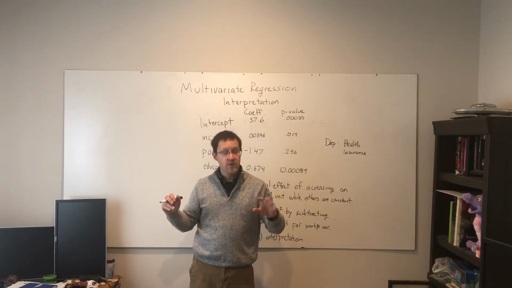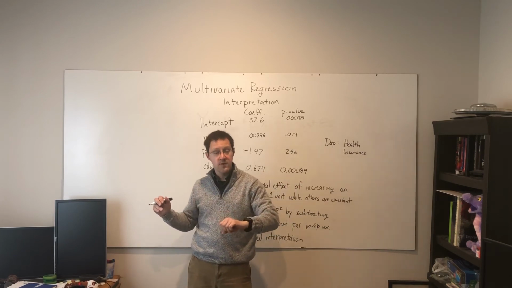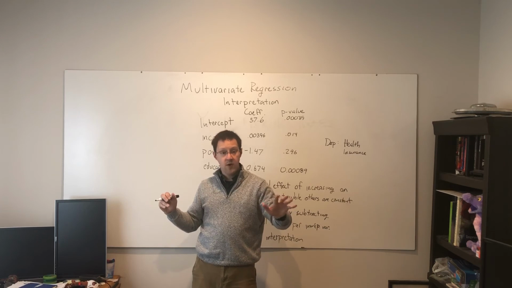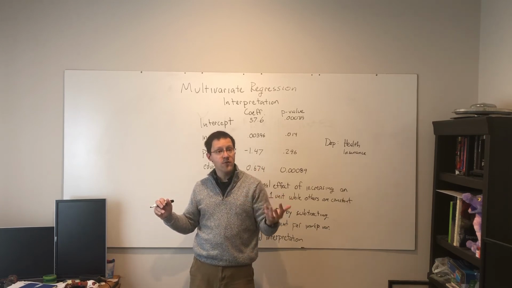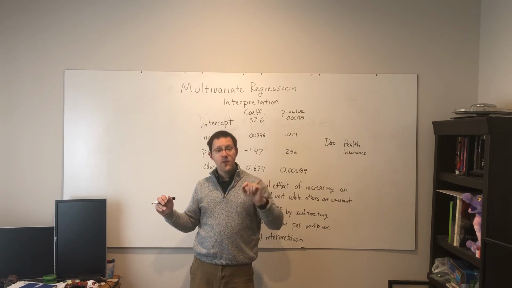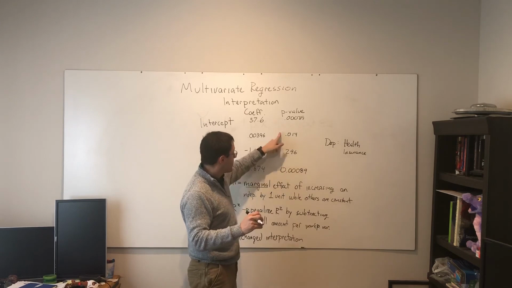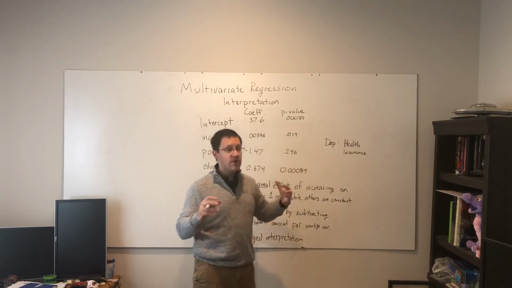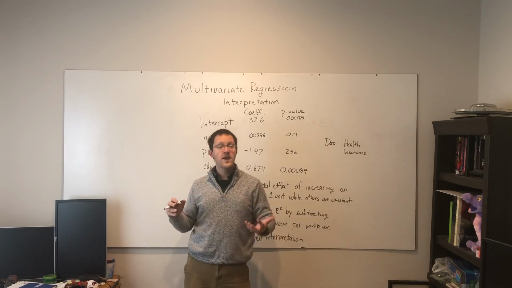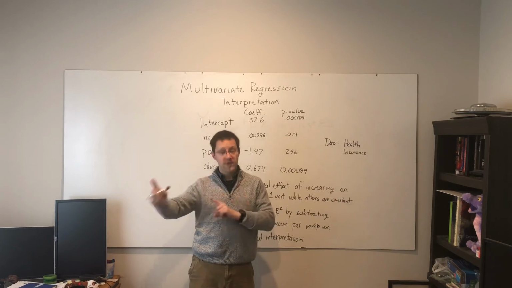We have a coefficient for every independent variable and a p-value for every independent variable. We have the R-squared or adjusted R-squared now giving us the overall relationship. It still has its p-value. And it's possible for these p-values to not be significant, but for the overall effect of being able to collectively predict that dependent variable can still be significant.